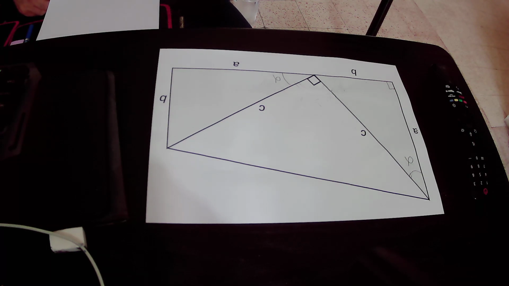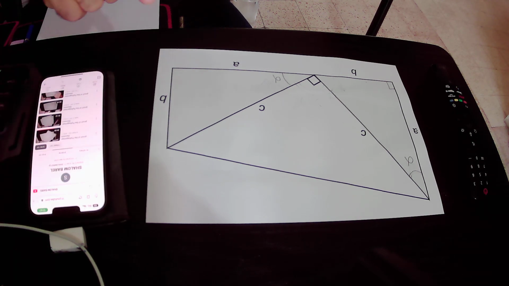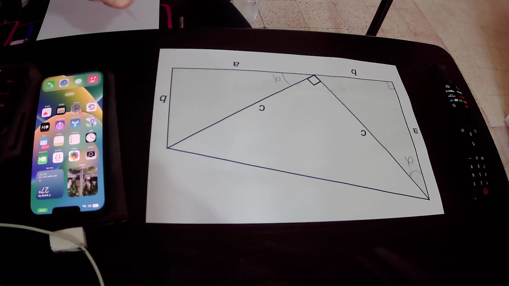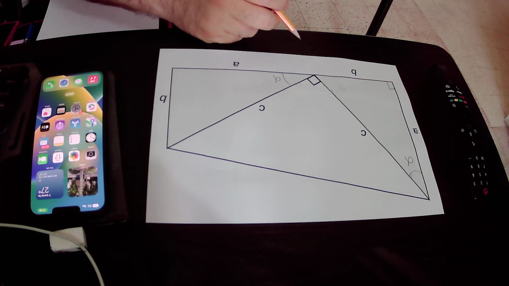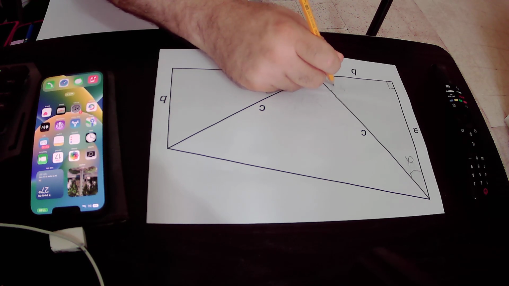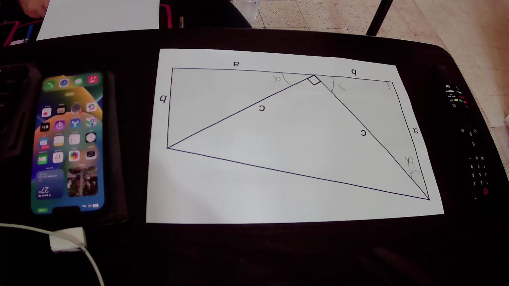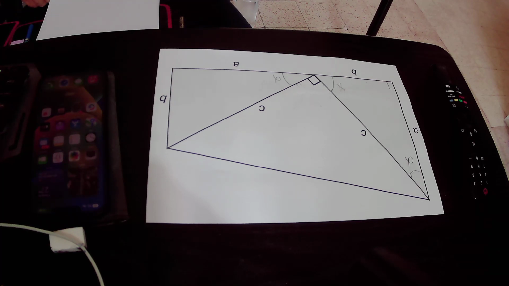Okay, so suppose that we call the angle between side B and side C in the right triangle X. We call it X because we don't know the size of this angle.